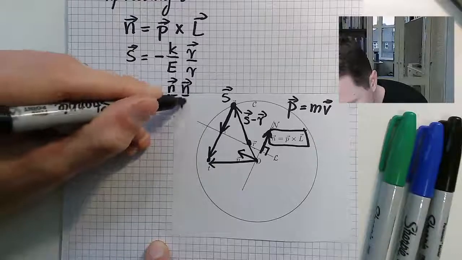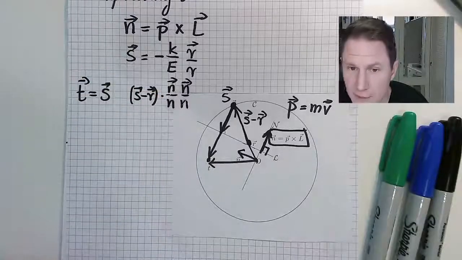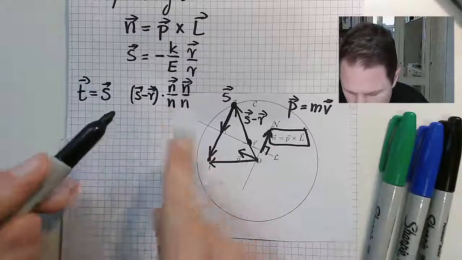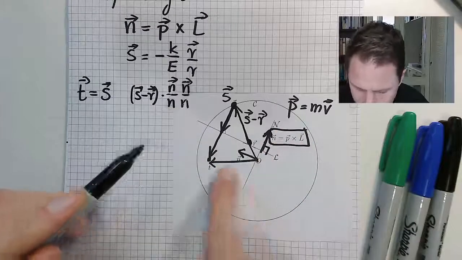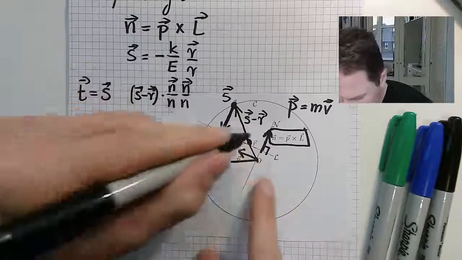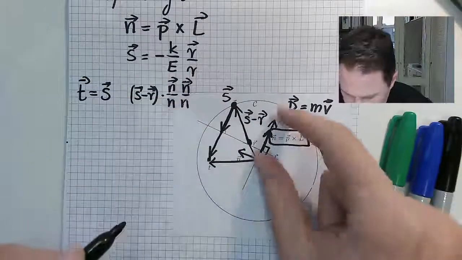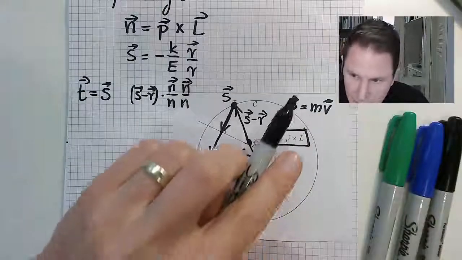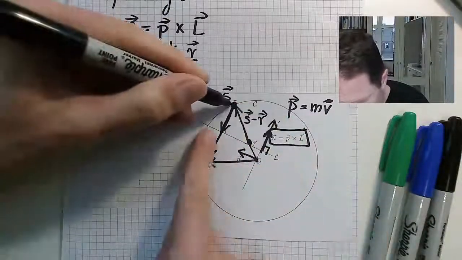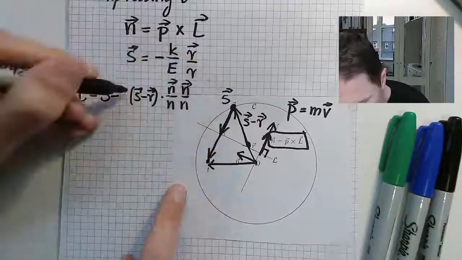We have to divide n by its own length to make it a unit vector. This is how you project a vector to a line, so this is the projection. We have to, of course, flip, since it points in that direction. So we have to flip the sign and double its size.